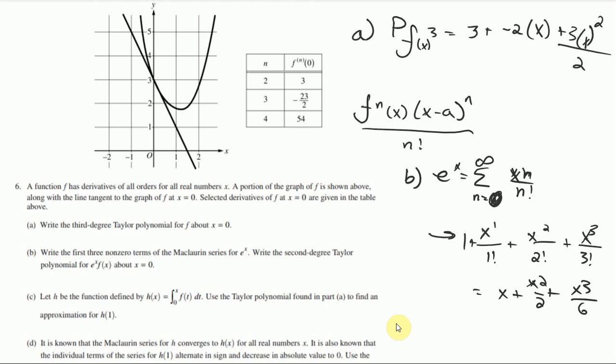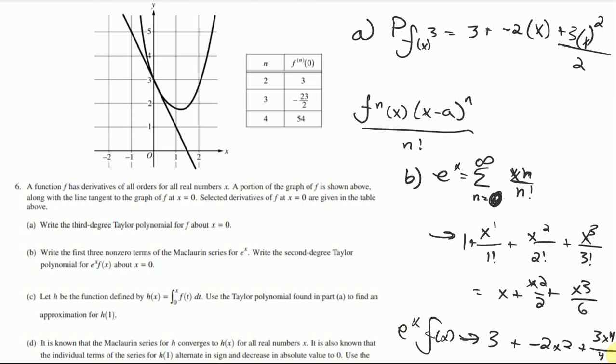Whatever. e to the x times f of x is going to look like 3 plus negative 2x squared plus 3x squared over 2 times x squared over 2, so 3x to the fourth over 4.